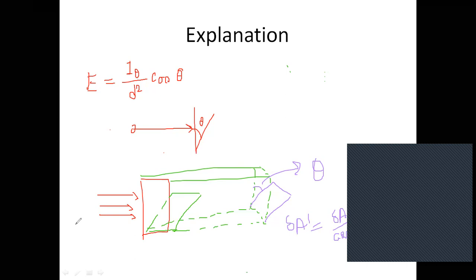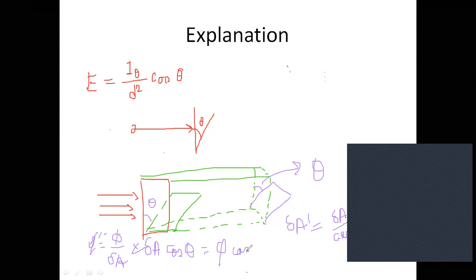We can say for case one, when the element is tilted by an angle of theta, the amount of flux intercepted by del A is given by phi dash equal to phi cos theta.